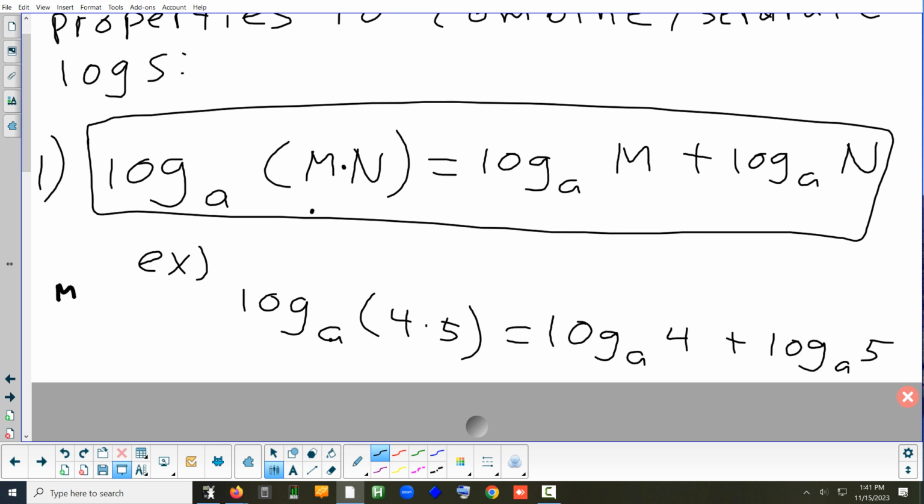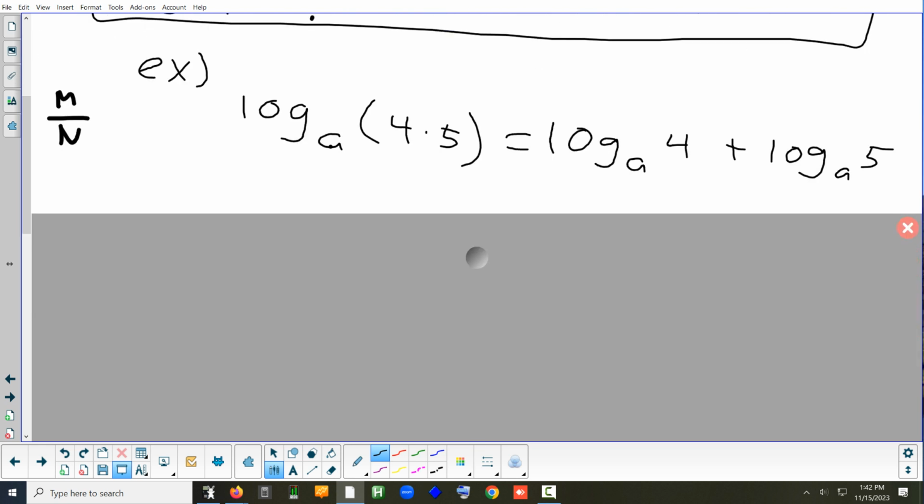What do you think you would do if you have a quotient, if you're dividing? Dividing would not turn into addition. What do you think dividing would turn into? Yeah, dividing would turn into subtraction.